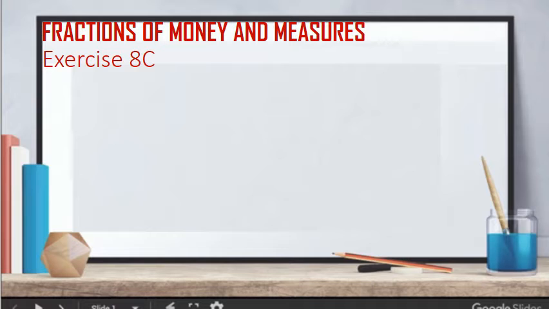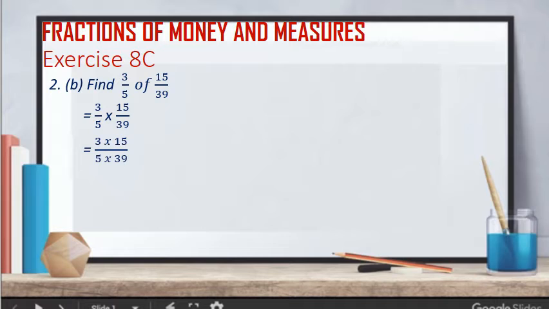Now children, let's come to the next question. This is question number 2, B part. Here you have to find 3 by 5 of 15 by 39. So 3 by 5 multiplied by 15 upon 39. Now what we will do?